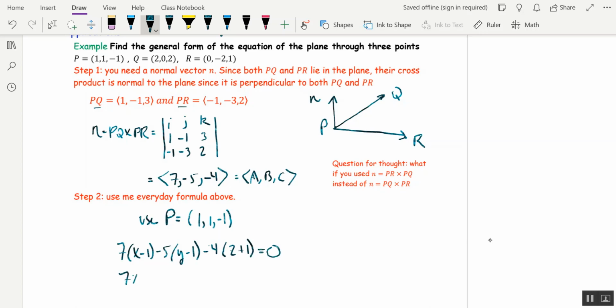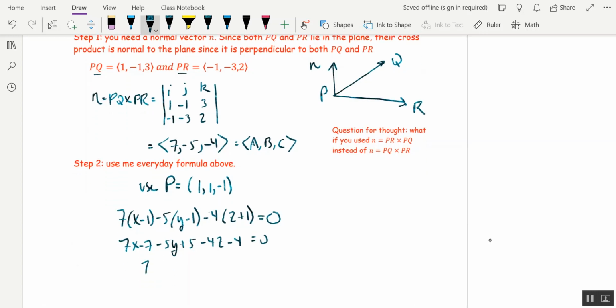So that's 7x minus 7 minus 5y plus 5 minus 4z minus 4 is 0. And if we clean that up, we get 7x minus 5y minus 4z equals 6.